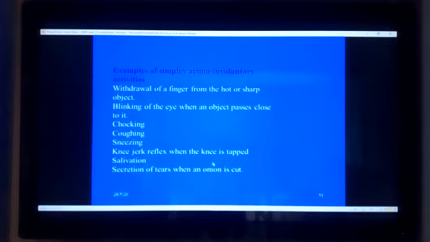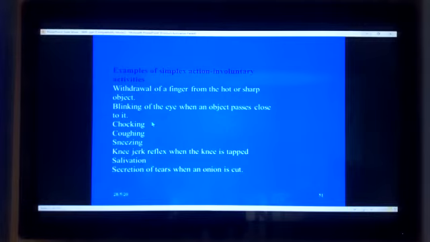Number one example is the withdrawal of a finger from the hot or sharp object. We shall see the pathway that is followed as the impulse is created, and then the response is done.